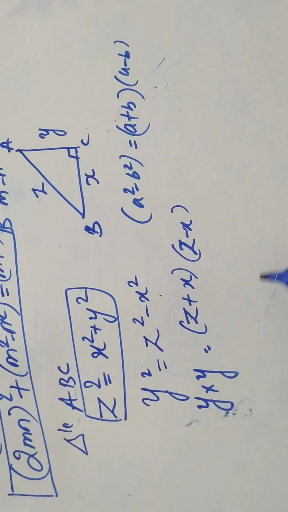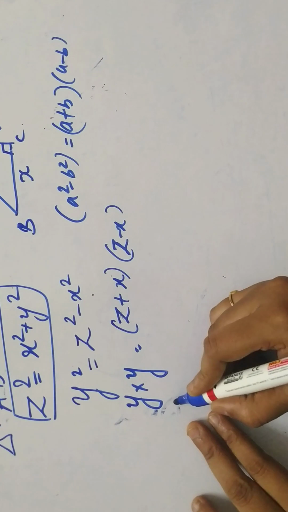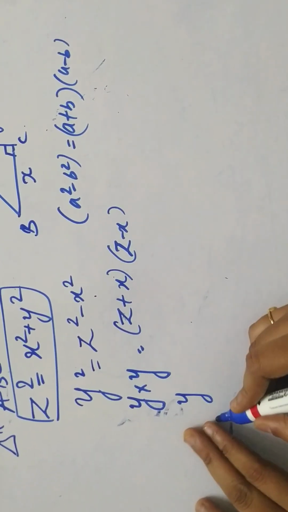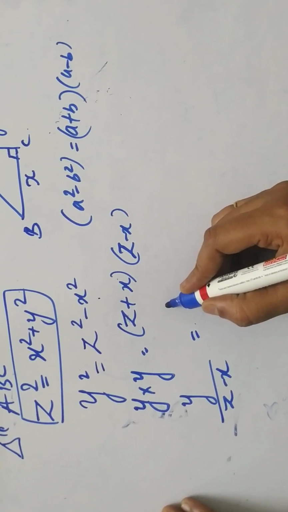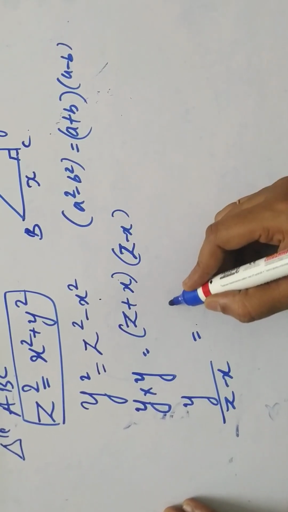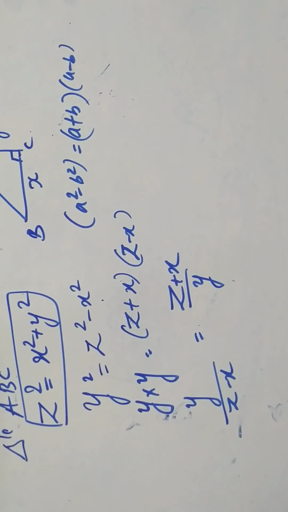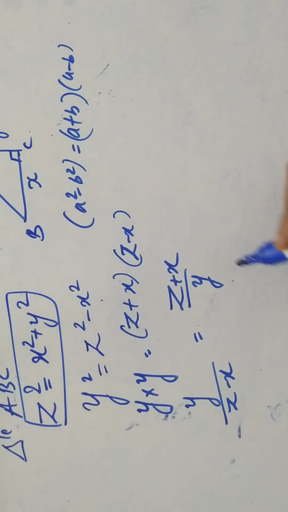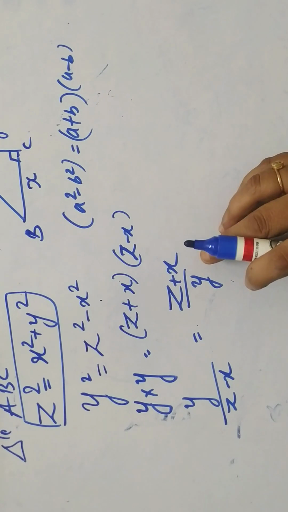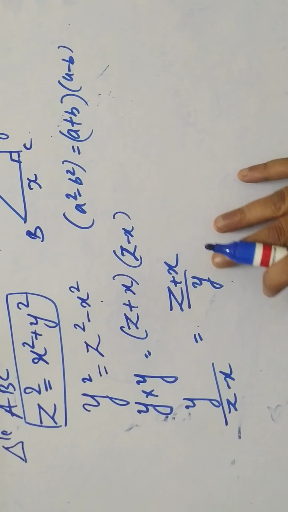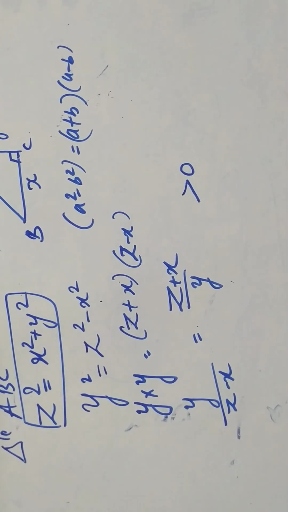The next step, a small simplification again. We'll take y, this term, to the denominator. y by z minus x is equal to, in this case I am taking y to the denominator, z plus x by y. A small simplification. And we are very sure whenever it is in a fraction, we should make sure that the denominator is greater than 0. It cannot be equal to 0.